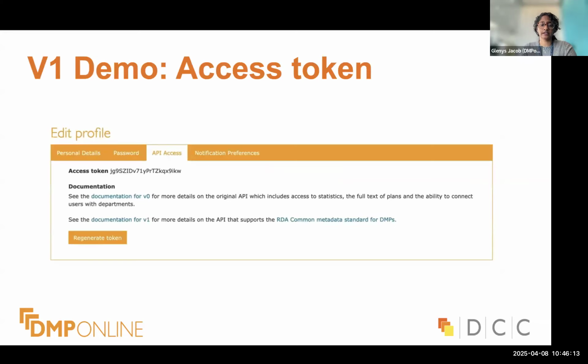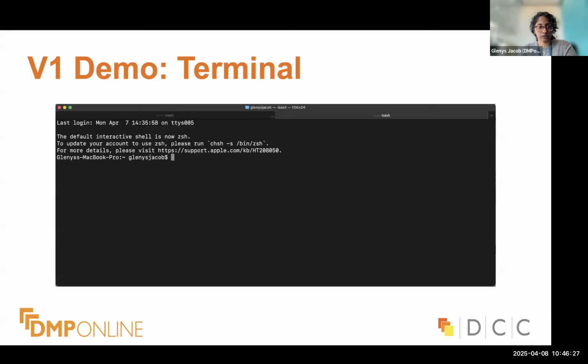Once again, just a reminder that you will need your API access token for this as well. However, you will need an additional token, and I will explain in the next few slides how you can generate that. Once you have your API access token, again, you will need your terminal or command prompt.